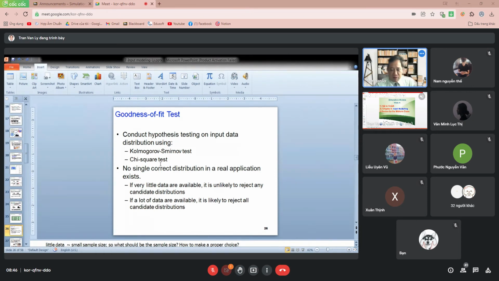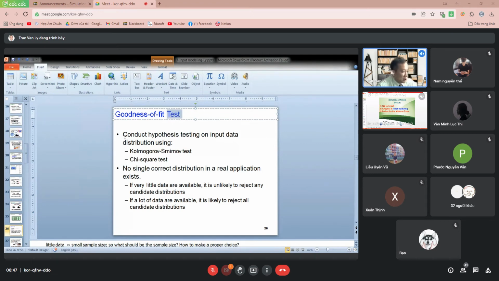Before that, I would like to share: if you already identify the distribution and parameter, you need to check whether it fits or not. Goodness of fit.